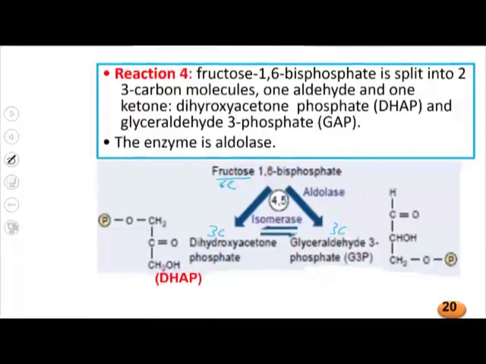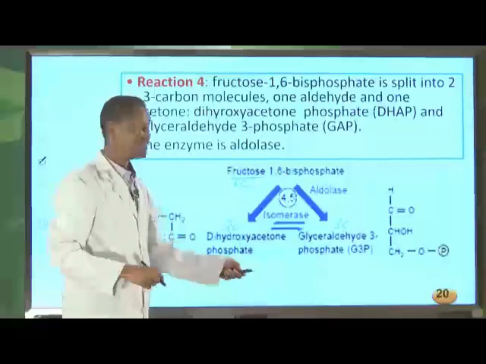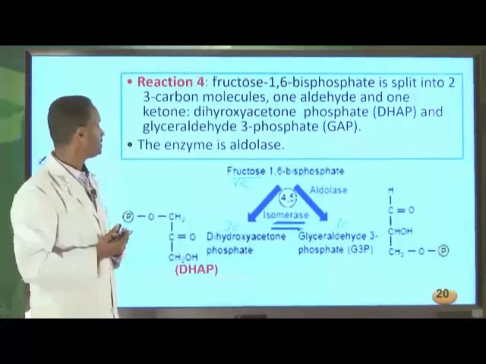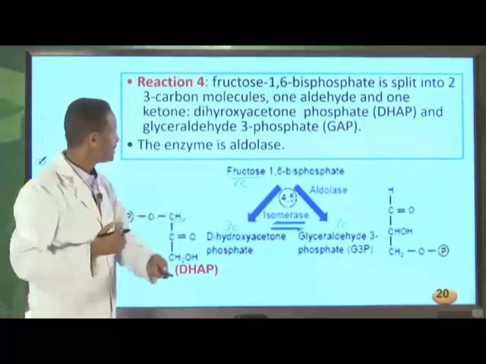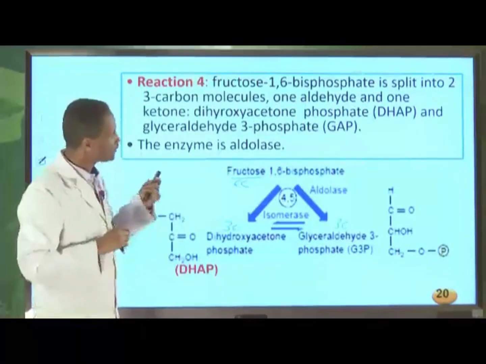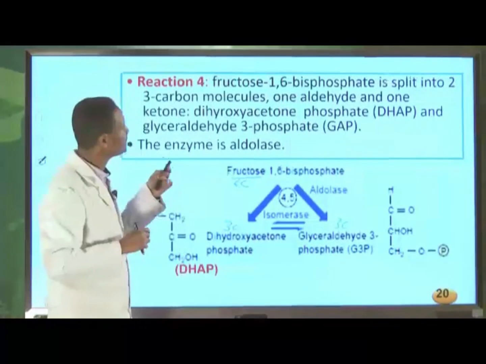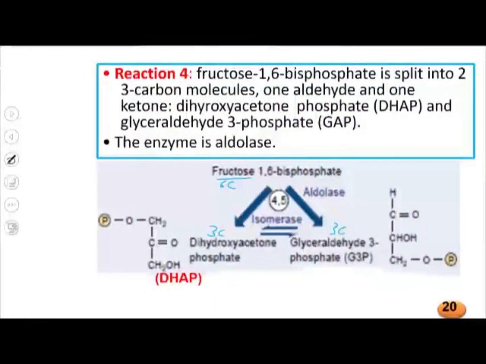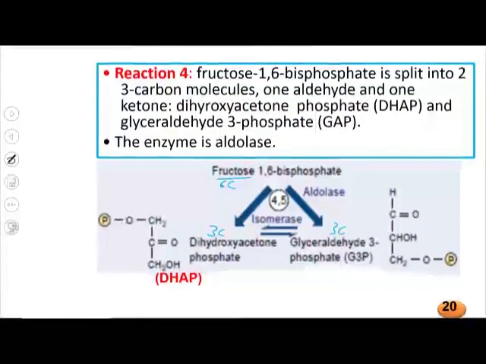Now, this 6-carbon compound becomes cleaved into 2 compounds which contain 3 carbons each in reaction 4. In this case, fructose 1,6-bisphosphate is split into 3-carbon molecules, dihydroxyacetone phosphate and glyceraldehyde 3-phosphate. This process is catalyzed by the enzyme aldolase.